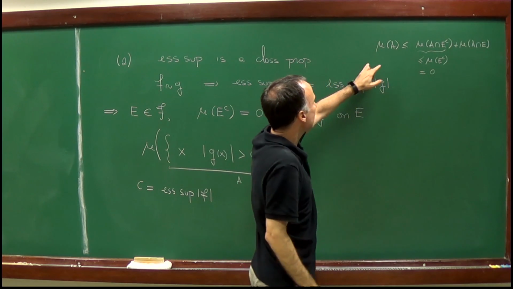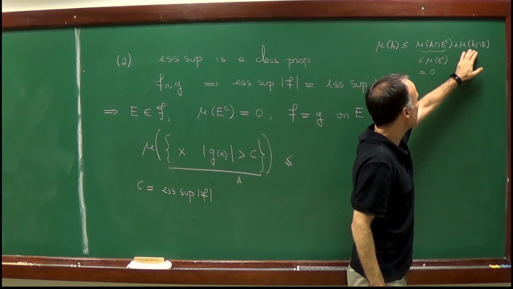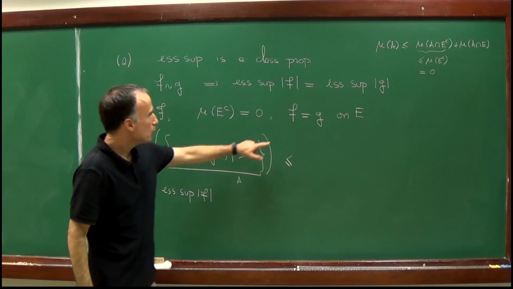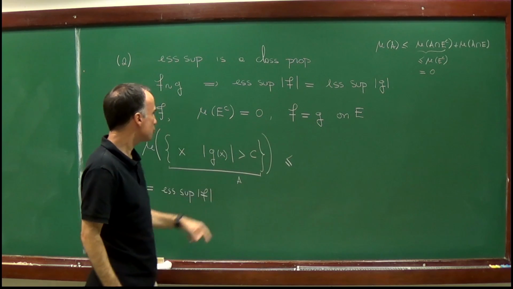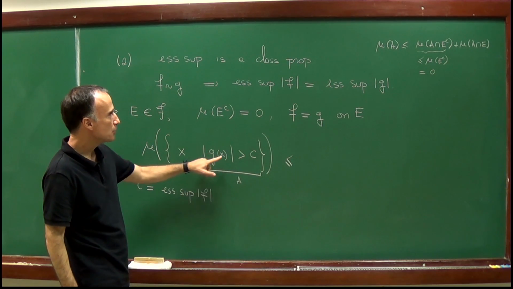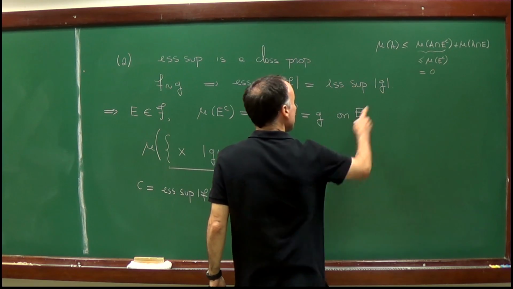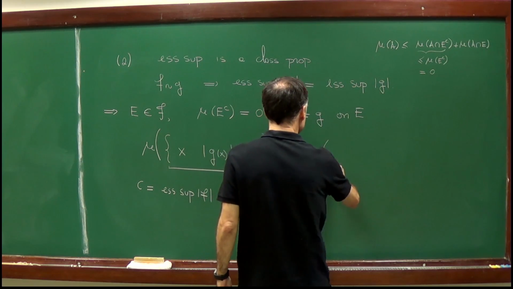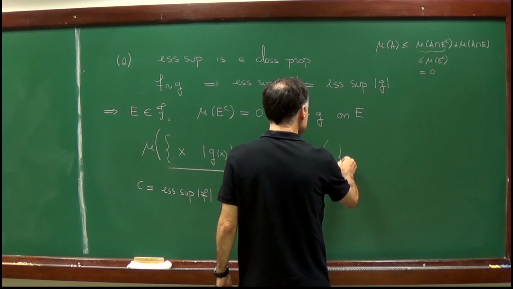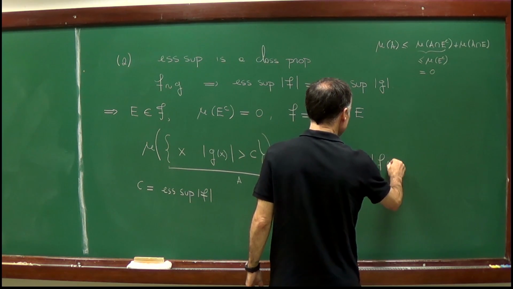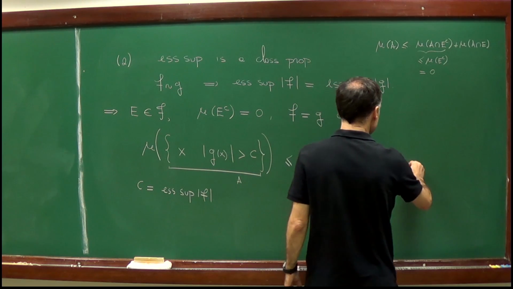So, in fact, mu of A is bounded by mu of A intersection E. But on the set E, f is equal to g, so I can replace g by f. So the measure of this set is smaller or equal than the measure of the set of x such that f of x is larger than c.